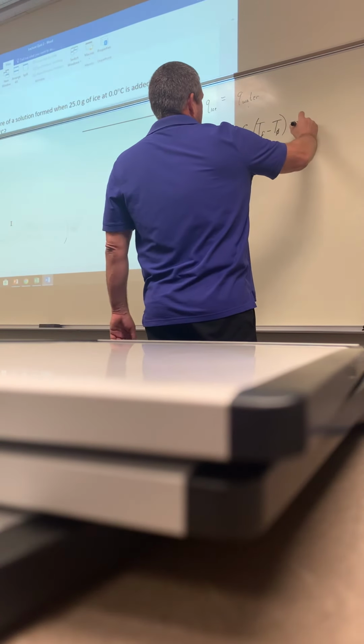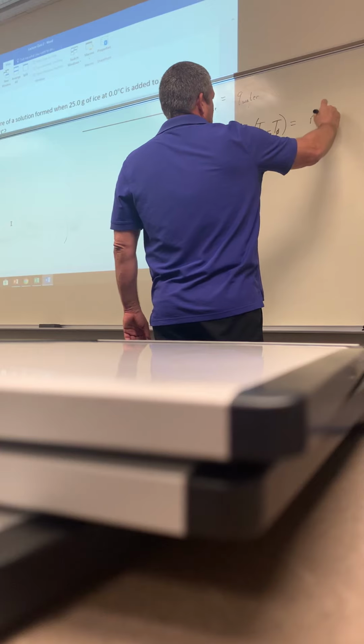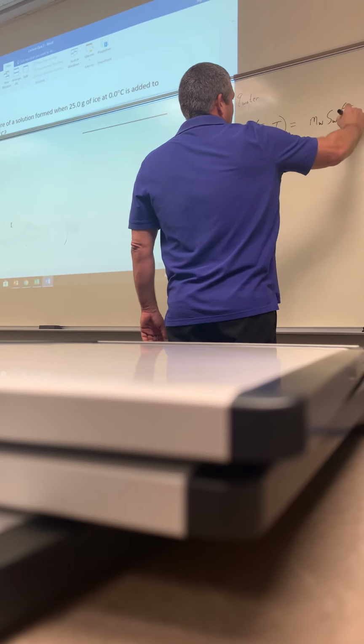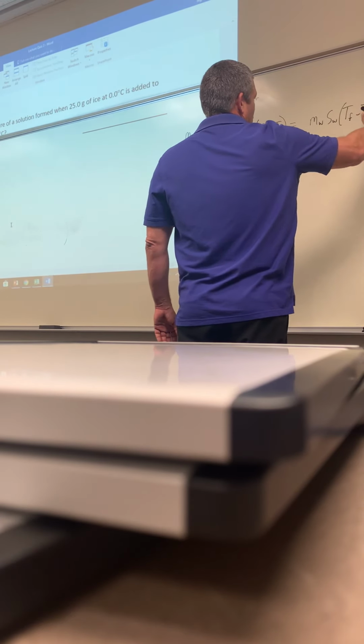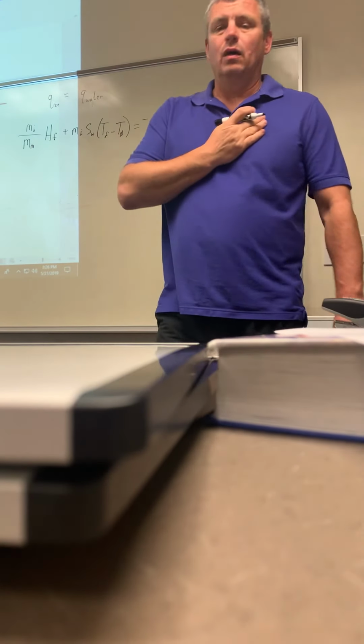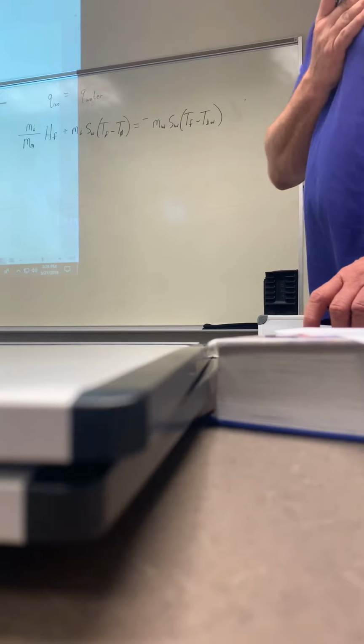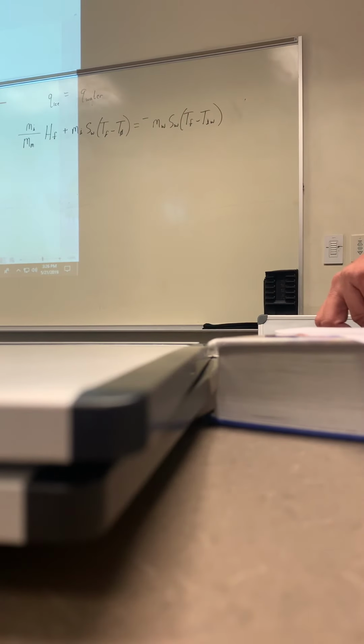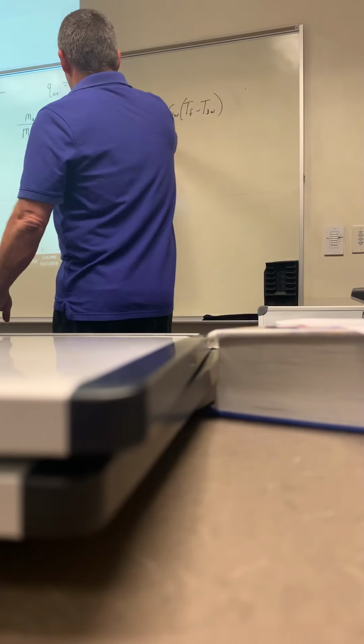The water just has a change in temperature, so it's the mass of the water, specific heat of the water, temperature final minus temperature initial of the water, and it's easier to put the negative sign there. And what variable are we solving for? T_F. In this case, it's rather nice because this is 0, right?